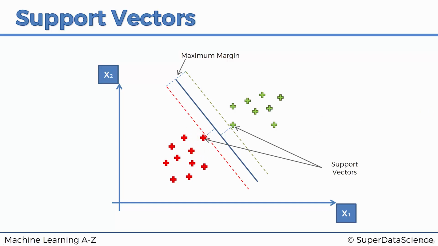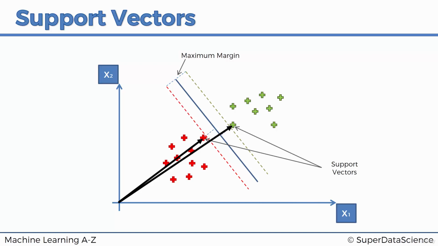You can call them supporting points, but in reality they're vectors, and this is why. Because in a multidimensional space, when you have more than just two variables, you can have 3, 5, 10, 100 variables. Each point is actually no longer a point because you can't visualize it on a two-dimensional plane or even a three-dimensional space, and therefore each of those points that we see here is actually a vector in a multidimensional space.